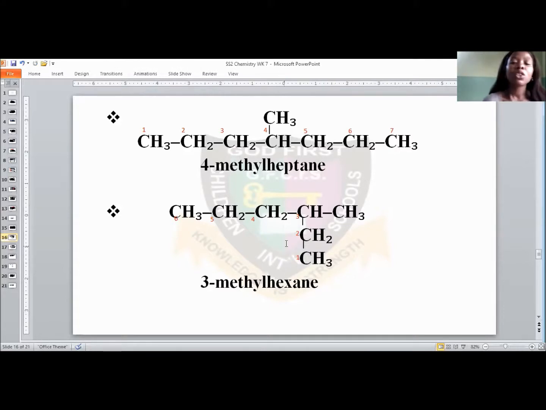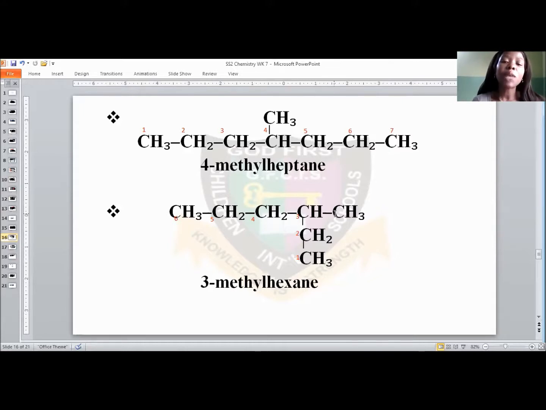We have this. You are given this structure and you are asked to name it. If you notice, we said that the rule is that you give the name to the longest continuous chain. So look at it. Your numbering, if you count from left to right, you have 1, 2, 3, 4, 5. Are you following this? That's 5.